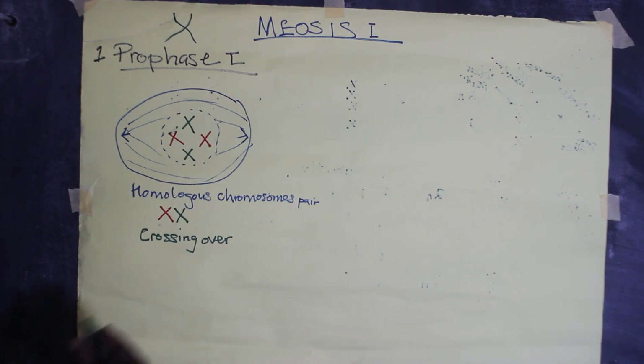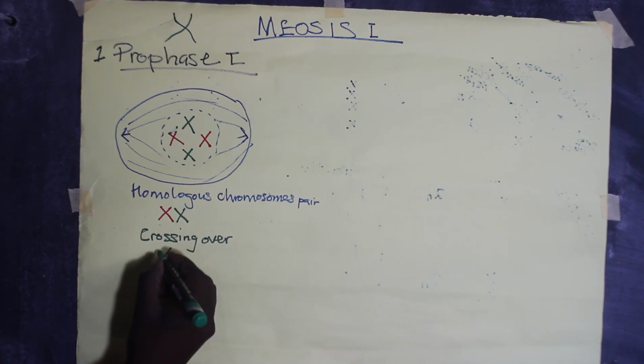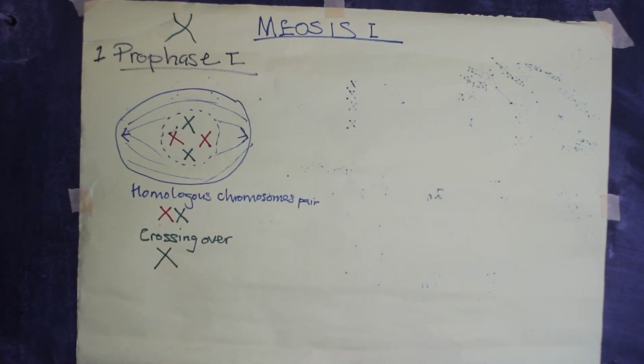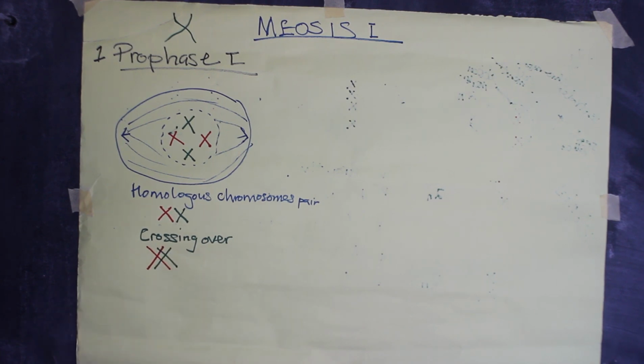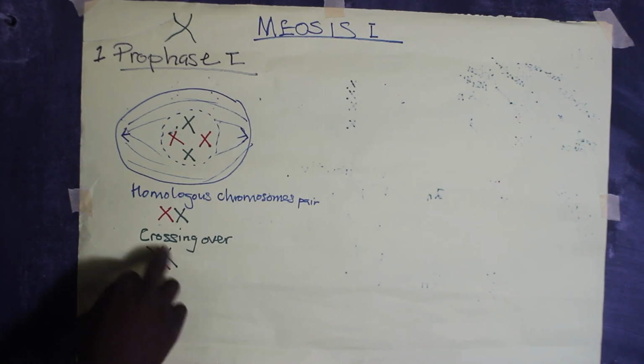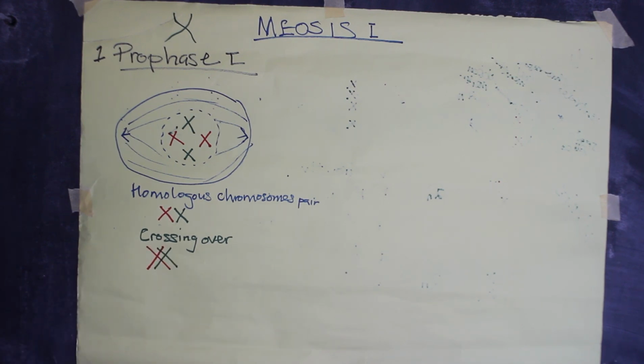So what is happening is this: this chromosome gets entangled and crosses over the other, like that. You see? Now pay particular attention. That is what it means: crossing over and getting entangled, and they will share a piece of information from each other.